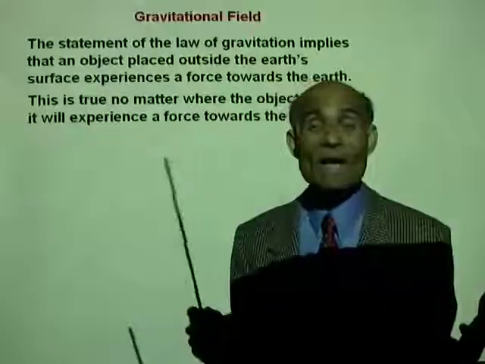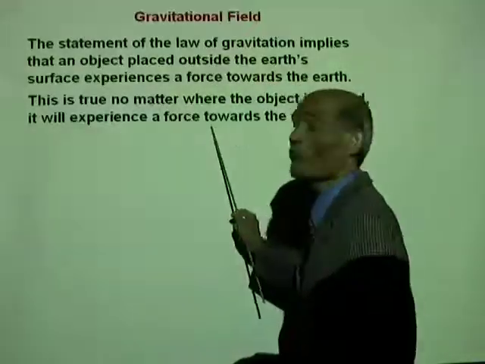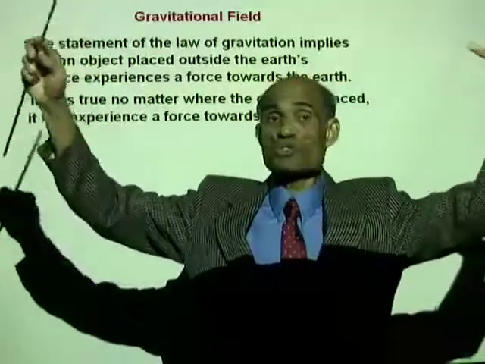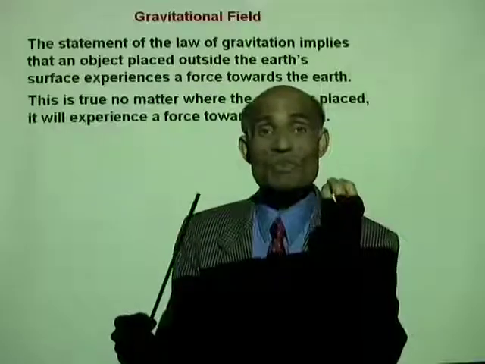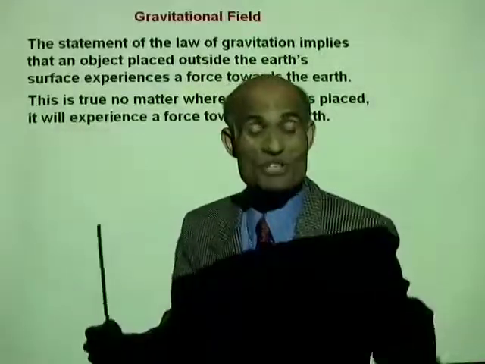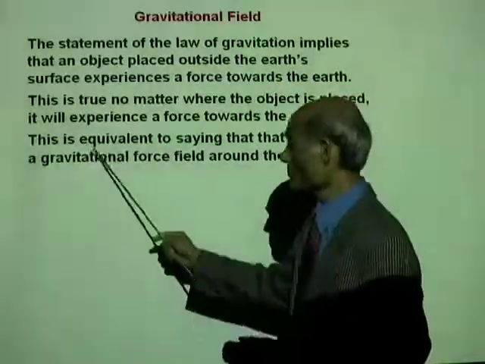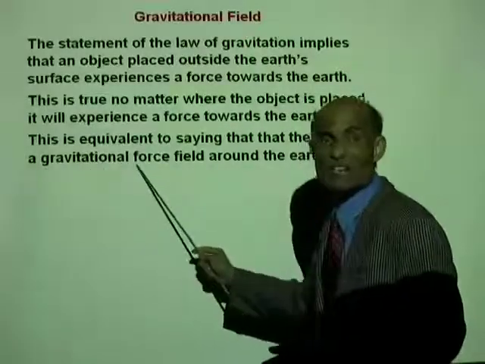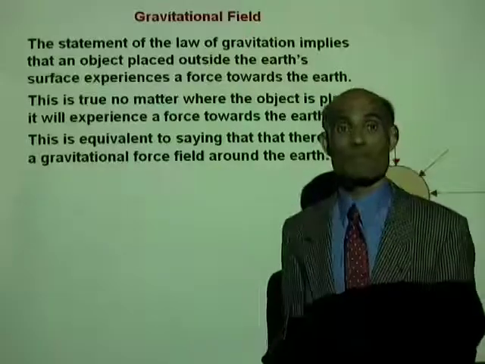No matter where you place the object, it will experience a force towards the Earth. That means the three-dimensional space surrounding the Earth where it will exert a force on other objects is the gravitational field of the Earth. This is equivalent to saying that there is a gravitational force field around the Earth.